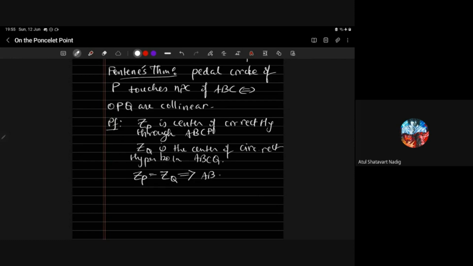That means a rectangular hyperbola passes through A, B, C, P, Q. If that happens, and you take the isogonal conjugate of that rectangular hyperbola, we will get a line that passes through the circumcenter of ABC. Wait, I'll write that down. The conic through ABCPQ is a rectangular hyperbola.